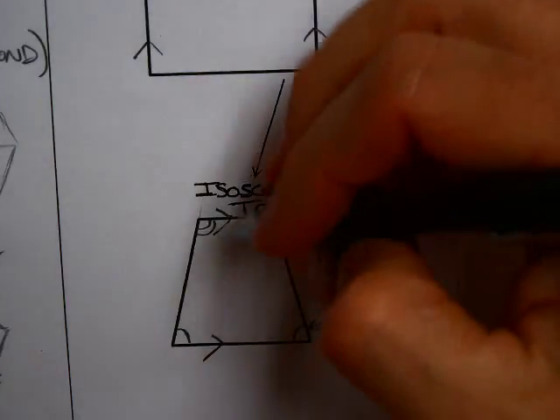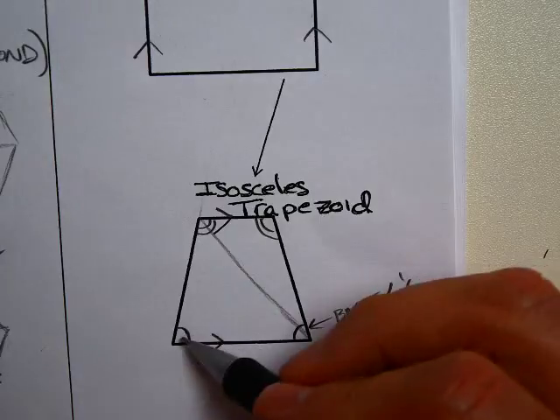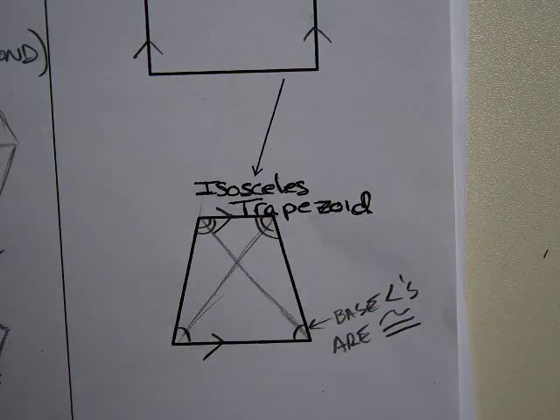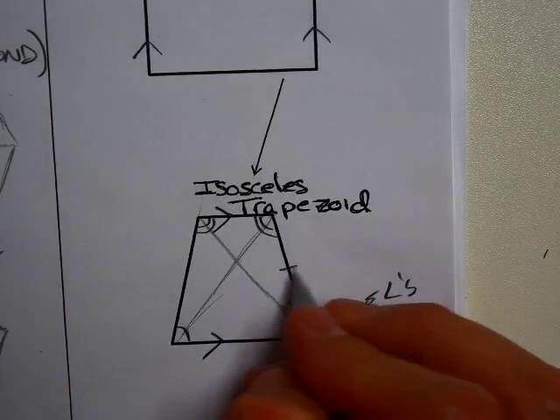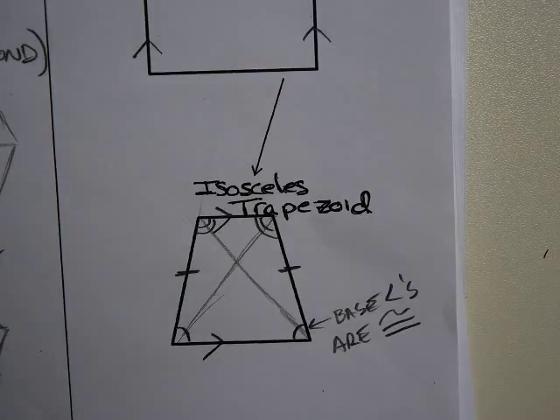There's also some stuff going on with the diagonals. If I draw some diagonals in. Oh, there's other stuff. Hang on, back up. This side and this side are equal. The non-parallel sides are equal. The parallel sides are not equal. And the diagonals, they don't bisect one another.